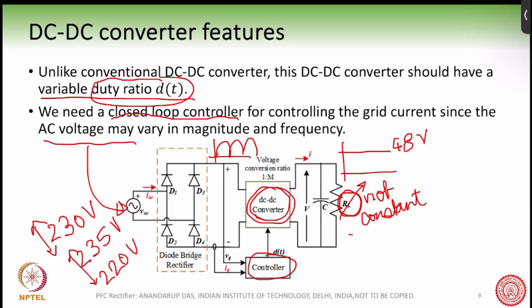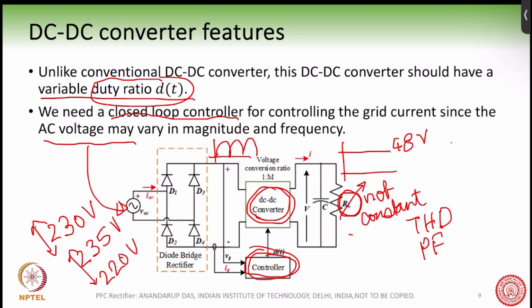The input AC voltage is also not constant. So therefore, we definitely need a closed loop control. Whenever we are working, these are the two most important things which we have to maintain from the input, grid perspective: the THD and the power factor.